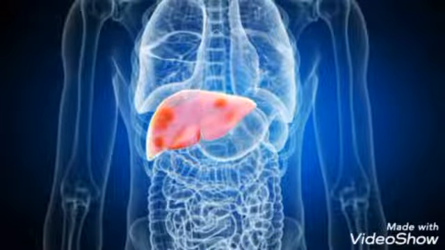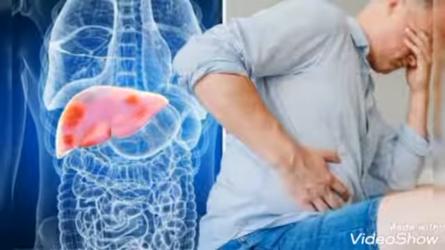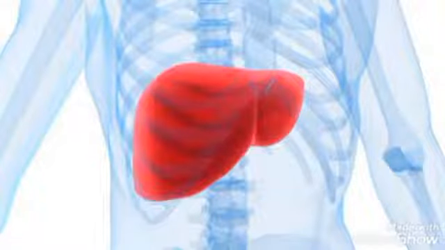The liver breaks down many substances in the blood, including toxins. For example, the liver transforms ammonia, a poisonous byproduct of protein catabolism, into urea, which is filtered from the blood by the kidneys and excreted in urine.